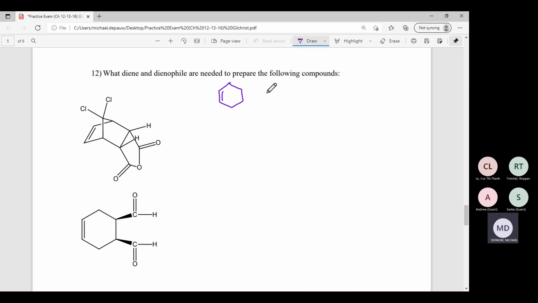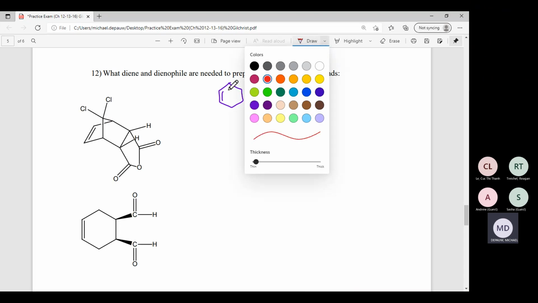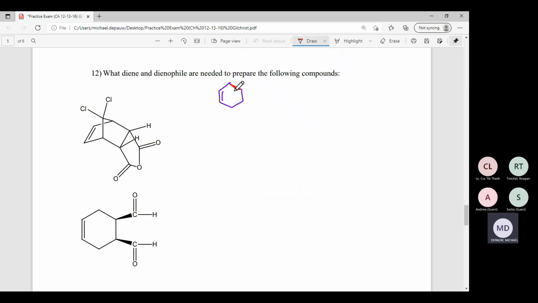So first thing I want to do is look for the formed bonds in a Diels-Alder reaction, which are these ones here. Because basically, whenever I have this, that means that the double bonds used to be here and here. The new double bond tells you the double bonds used to be on the other 2 sides of it. And those formed bonds are the ones that I marked in red and in the blue object here.